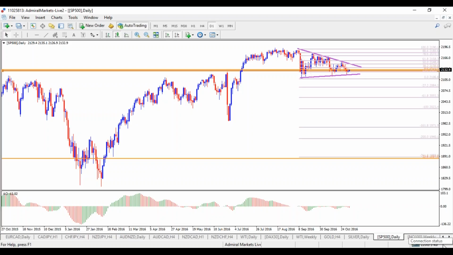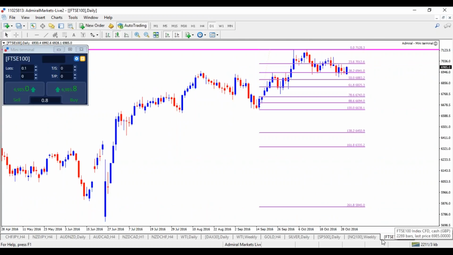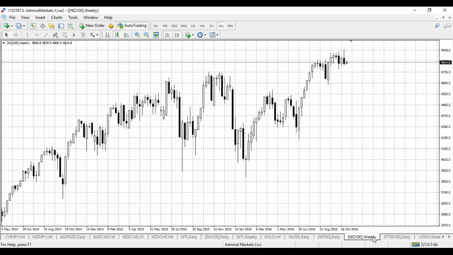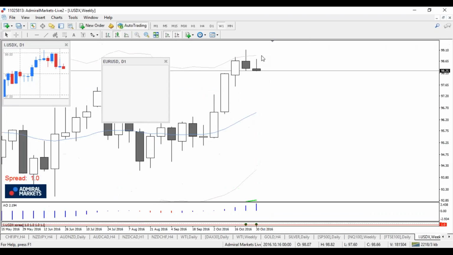It's always interesting to look at these correlations indeed. Let's see, NASDAQ, FTSE, they all look the same. Nothing new there. Dollar index hitting this Keltner band. Looks like we're seeing a bit of retracement.